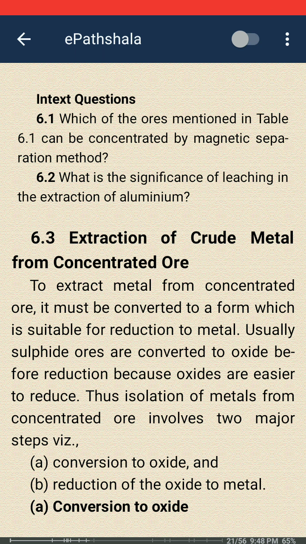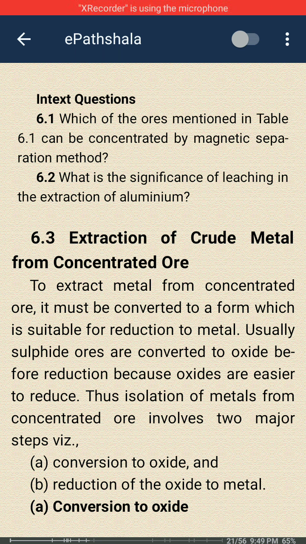So to extract metal from concentrated ore, first it must be converted to a form which is suitable for reduction. Usually sulfide ores are converted to oxide before reduction because oxides are easier to reduce.